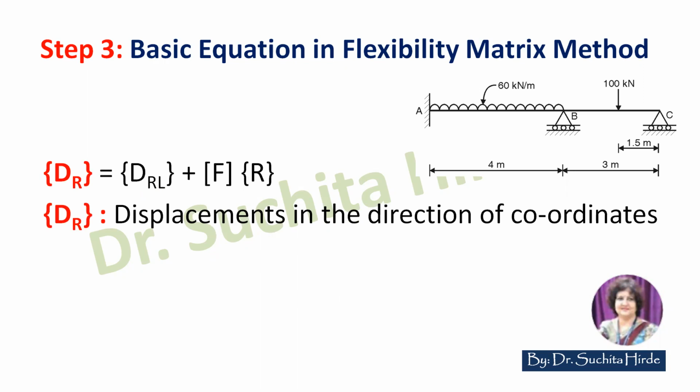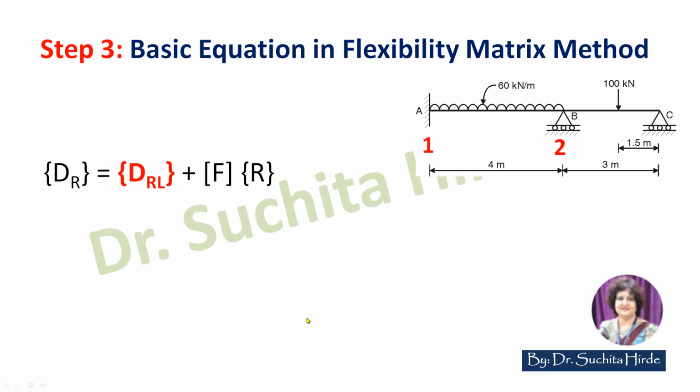So in the direction of redundant reactions, we consider the coordinate and we write what are the displacements in the direction of that coordinates. So that is Dr matrix. Next is DR matrix. So here the size of the DR matrix is ds by 1. If degree of static indeterminacy is 2, then size of DR matrix is ds by 1.